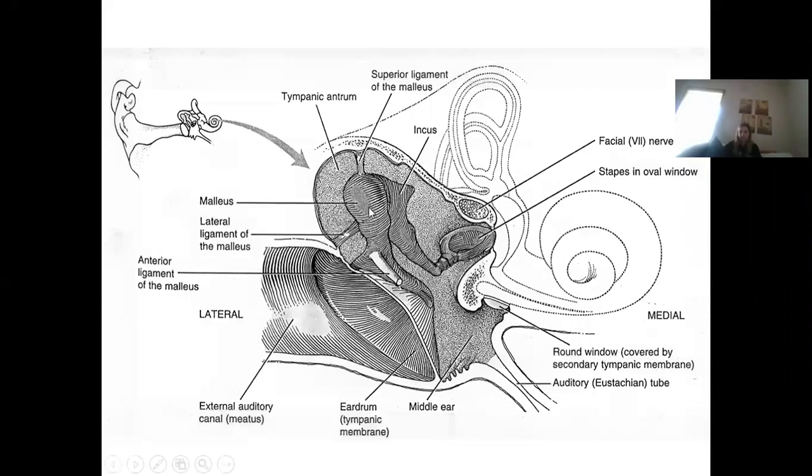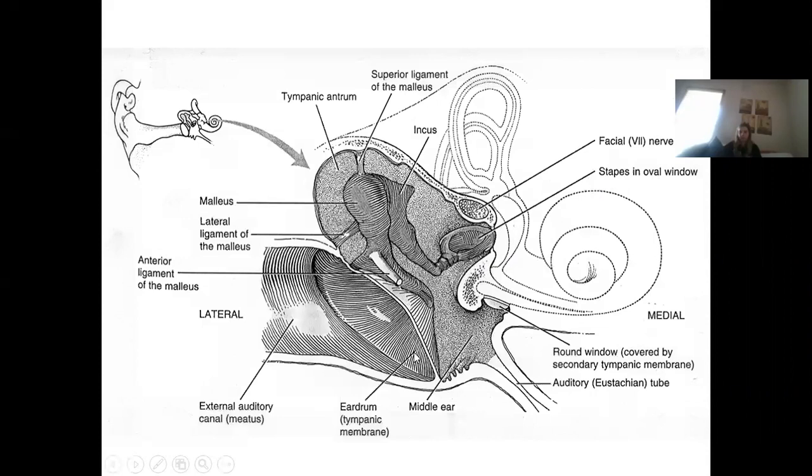Okay, note it is called the malleus. M-A-L-L-E-U-S, the malleus. The next bone is called the incus, I-N-C-U-S. The third bone, and the smallest of the 3, is called the stapes. So malleus, incus, stapes.